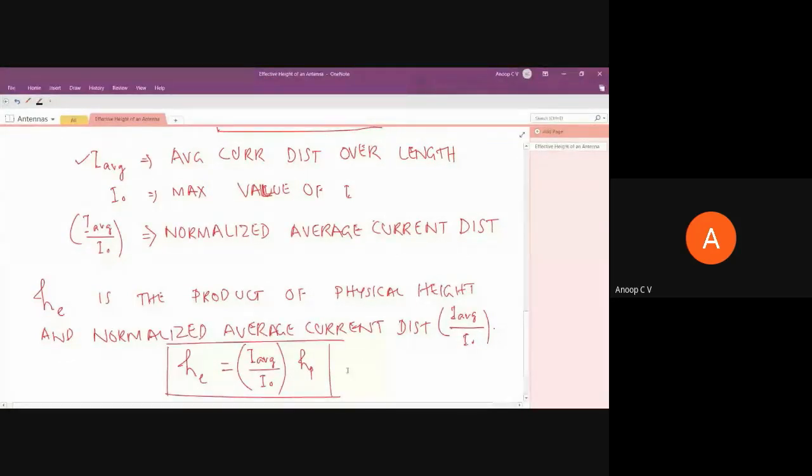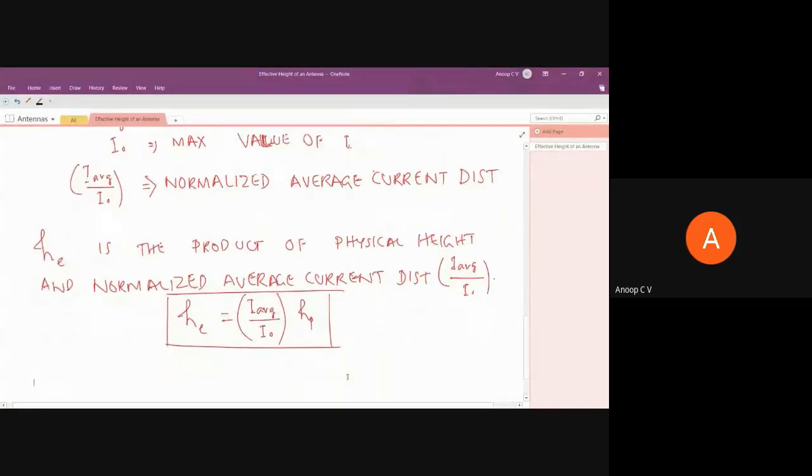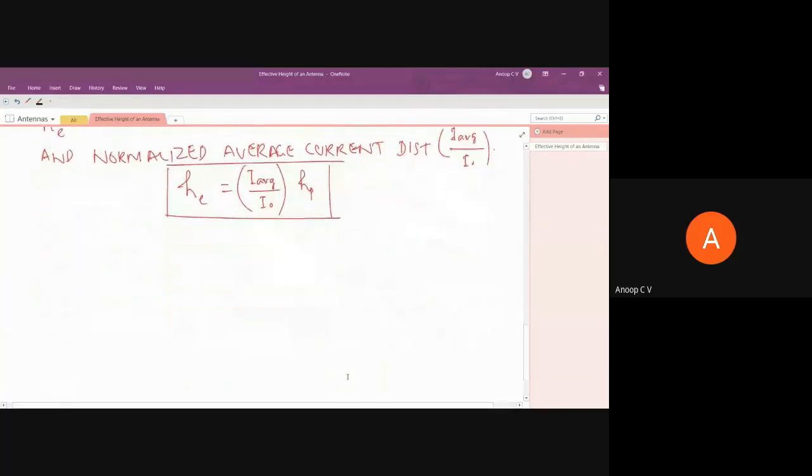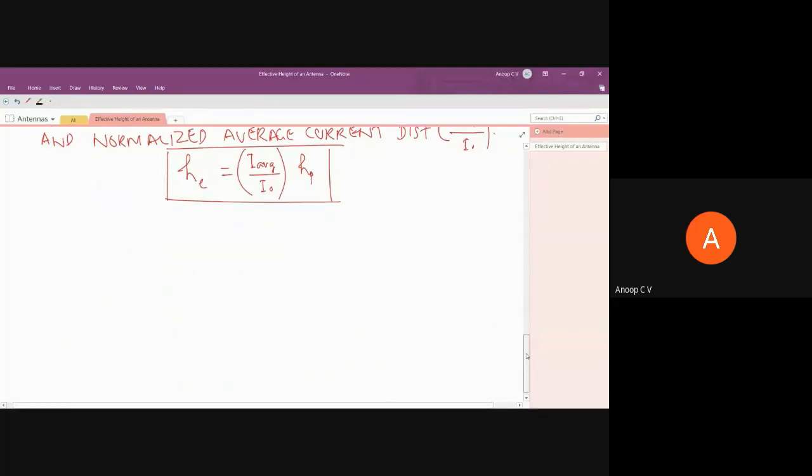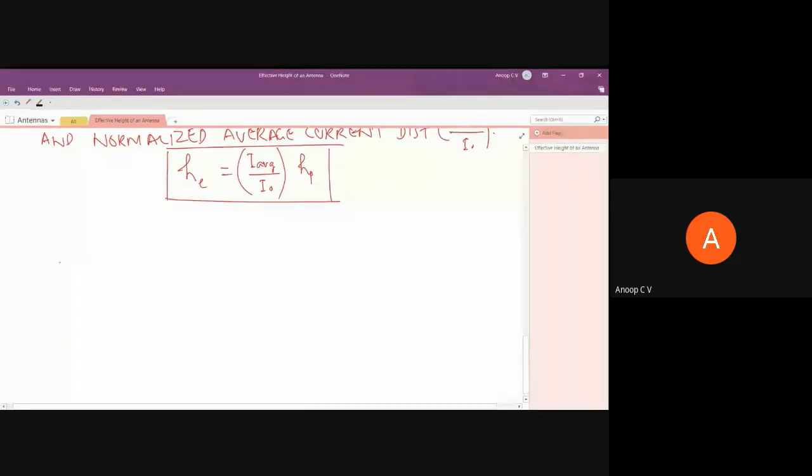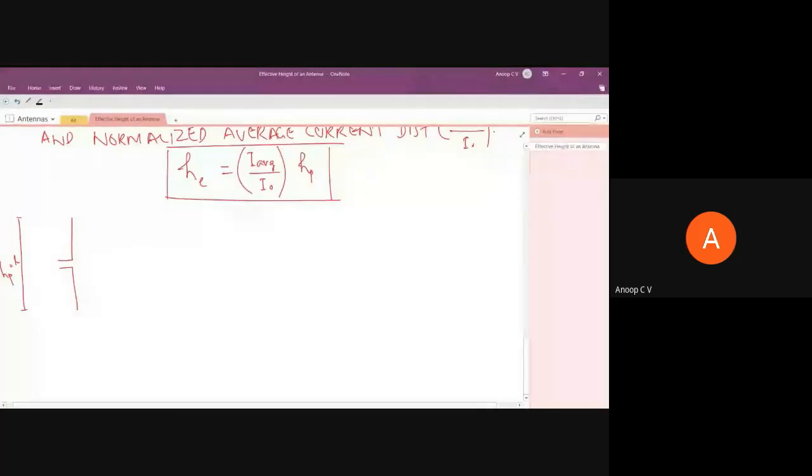So now we will take some examples. What actually is this I average? Initially what I told is, suppose you have an antenna like this, with a physical length HP equal to L, let us suppose.